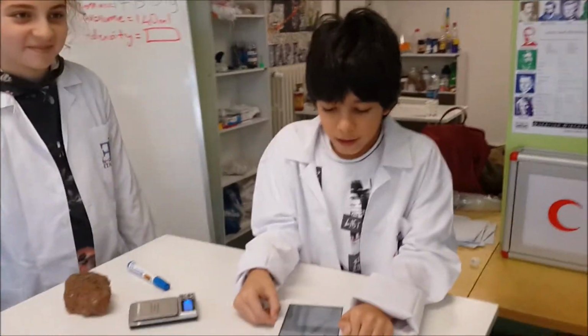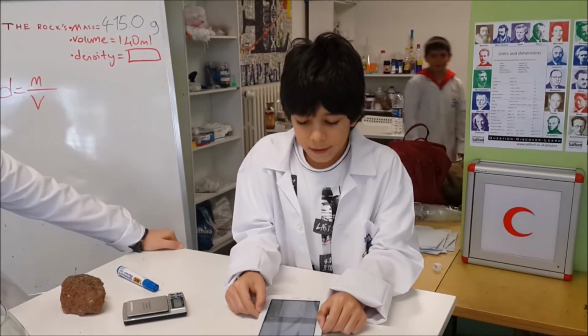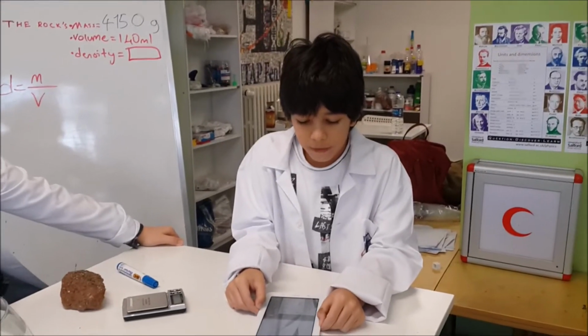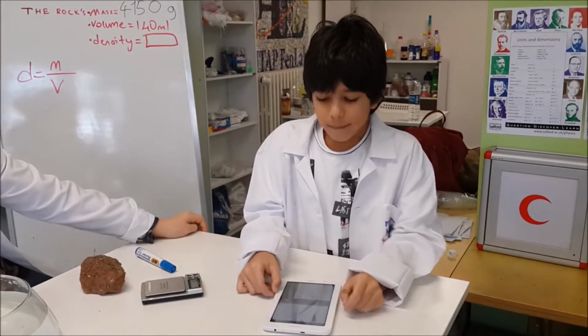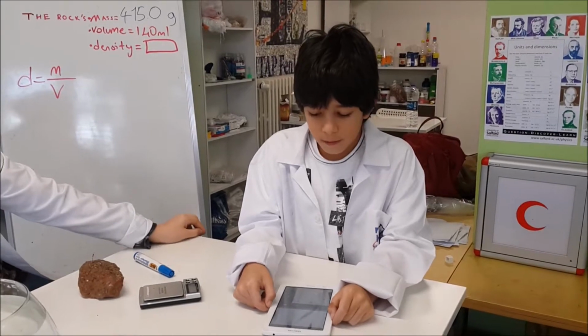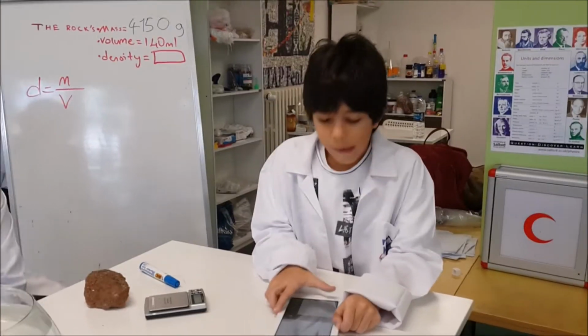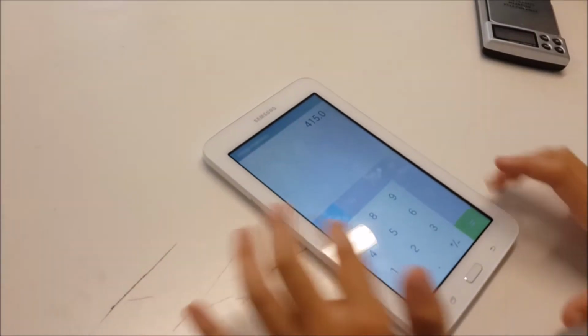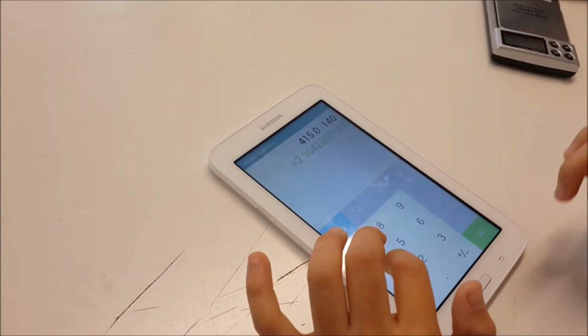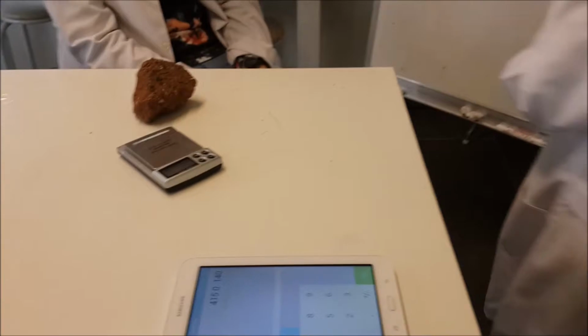My name is Barun. Now I will find the density of this rock, and I will do mass per volume. Now, approximately 2.96.